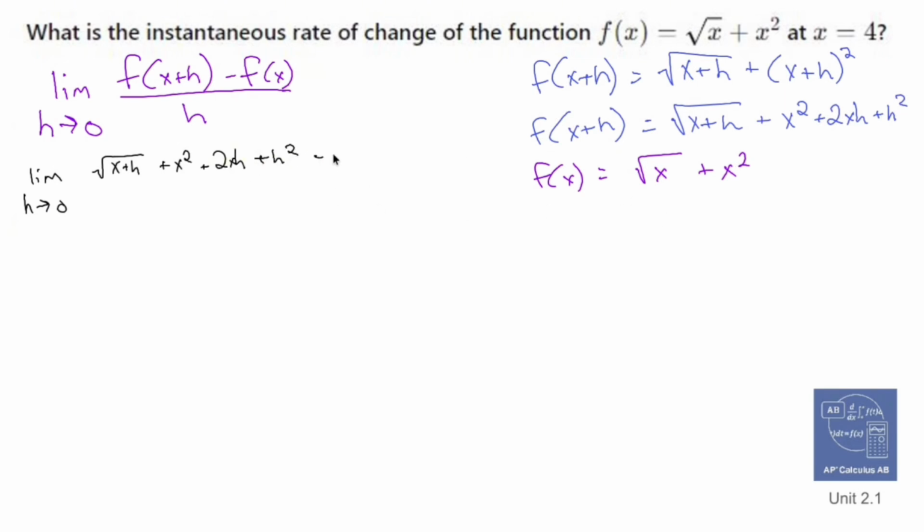And then I'm going to subtract all of root x plus x squared. All of this is over h. Now the issue is when I have the limit as h approaches 0 and I only have h in the denominator, plugging in 0 is a no-go.